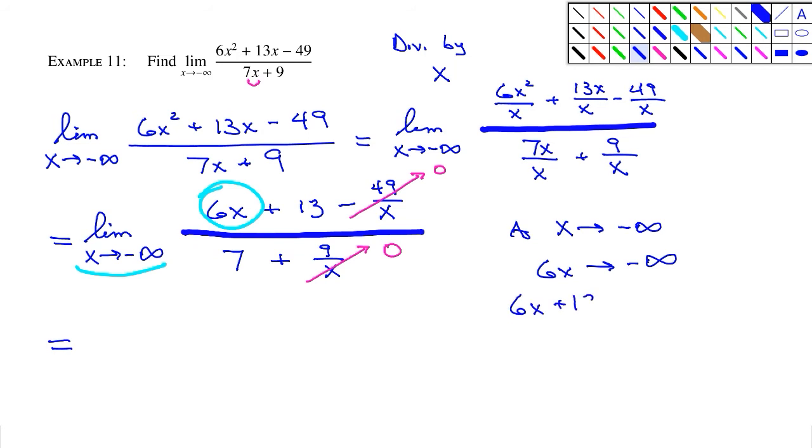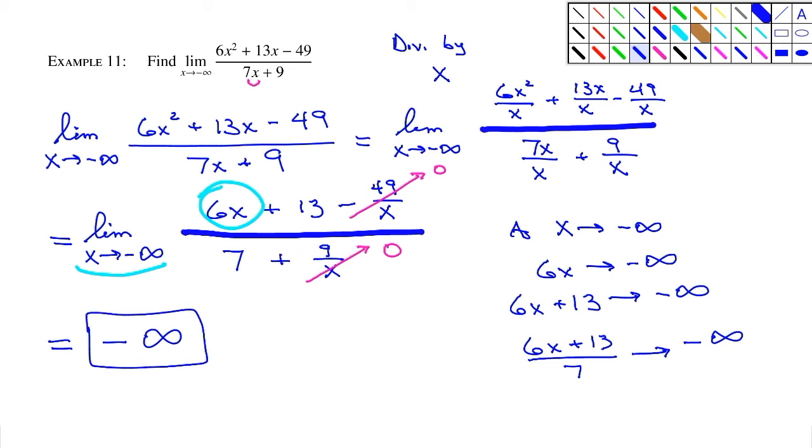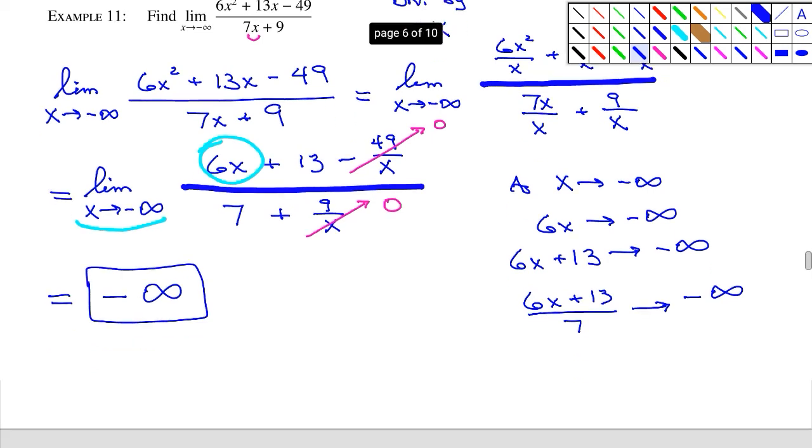Well, 13 is not going to do much to negative infinity. So if I add 13 to something that's going to negative infinity, that still goes to negative infinity. And then if I divide this by 7, that is still going to go to negative infinity. A little bit slower because it's being divided by 7, but it's still going to go to negative infinity. So this is negative infinity. If you took 1315 or a regular college algebra, you would have called this a slant asymptote.